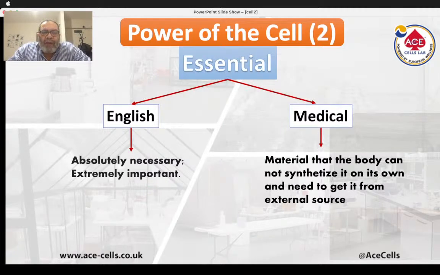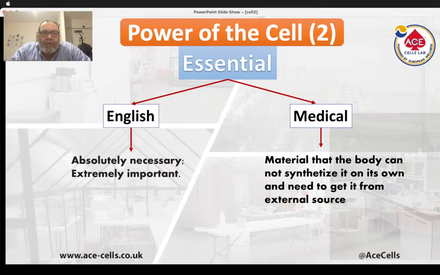Before we go to the mitochondria, I want to remind myself first and the audience second of the meaning of the word essential, because the word has a different meaning in medicine than in English. Essential in English means absolutely necessary or extremely important.